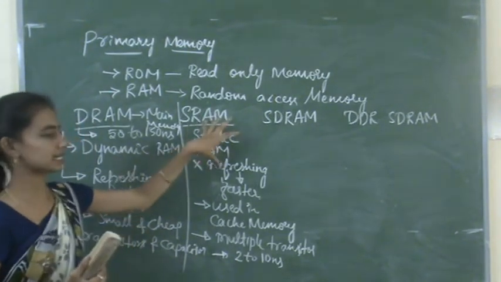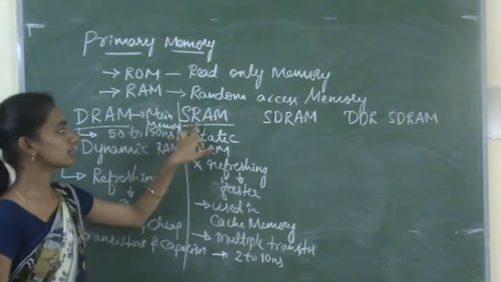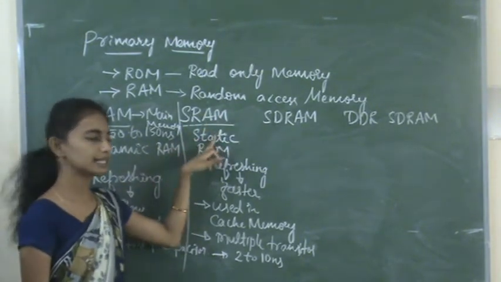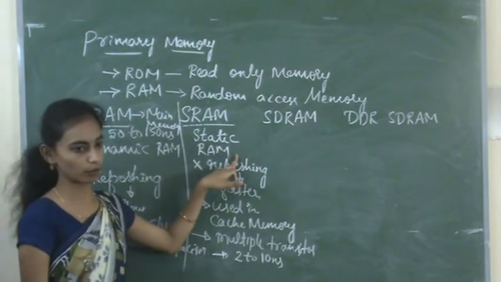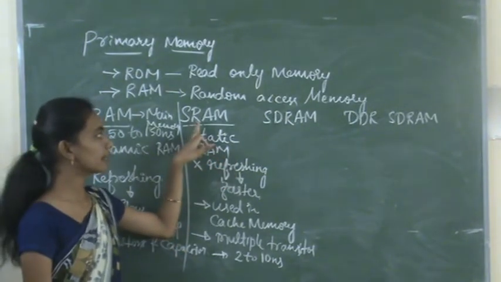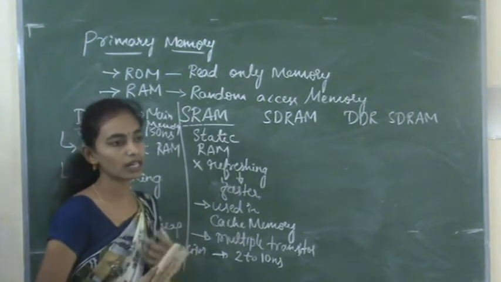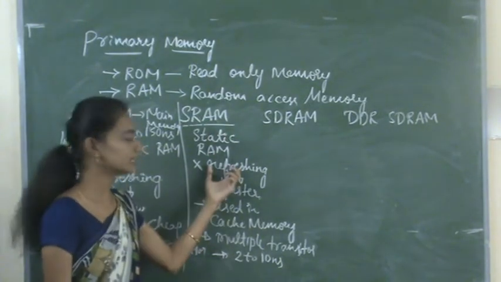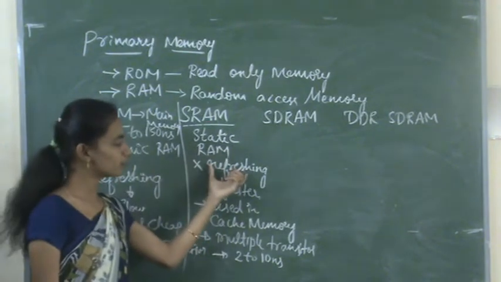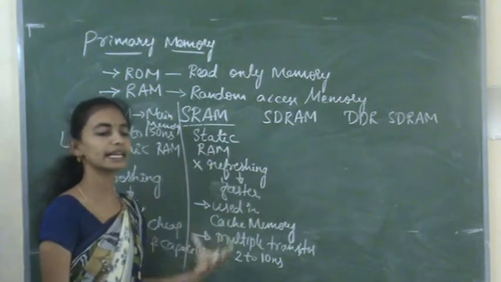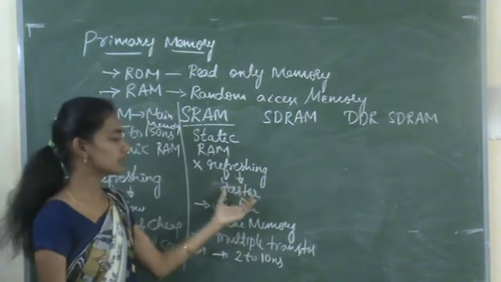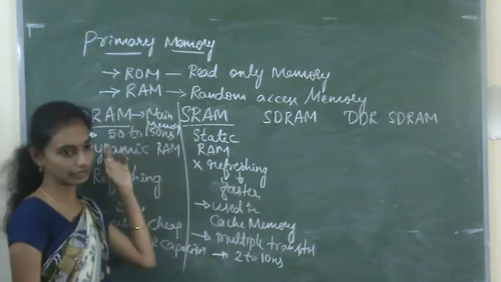This is about SRAM. SRAM stands for static random access memory. This static random access memory doesn't need constant refreshing, hence it is faster than DRAM.